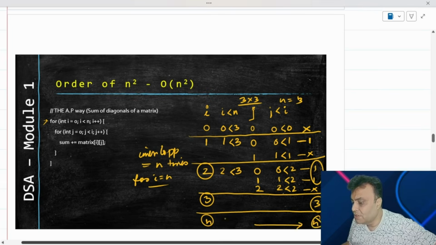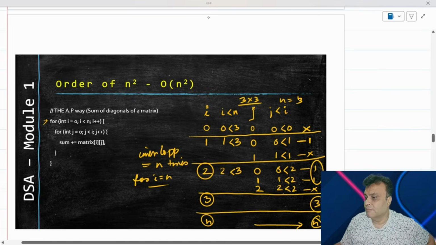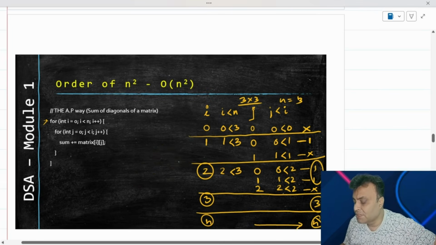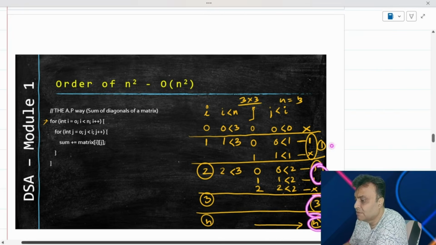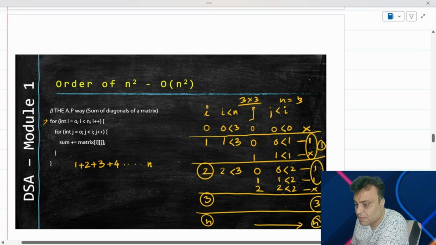For a value of I equal to n, it will run n times. Right? I think I have established that amply clear here. And which means that the number of times that I am executing this particular loop is basically this one plus this 2 times plus this 3 times plus this n times. So the number of times I'm executing it is 1 plus 2 plus 3 plus 4 plus n times.